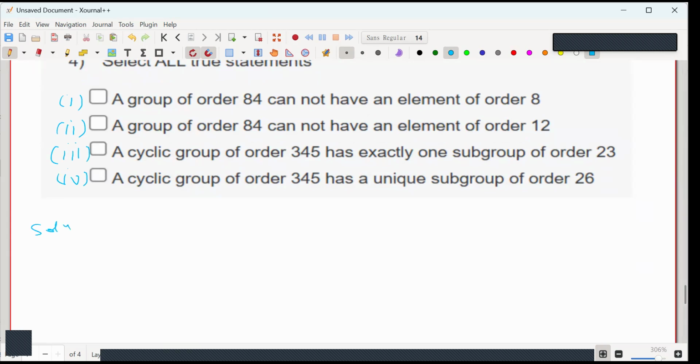Okay, so the first one is a general statement, so I'm writing it like that: the order of an element divides the order of the group.